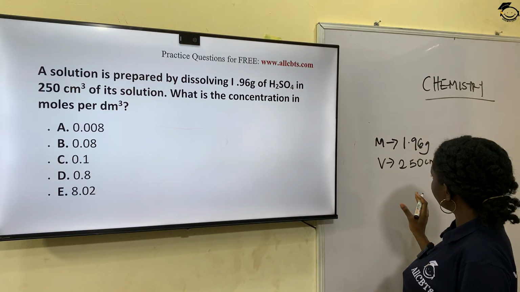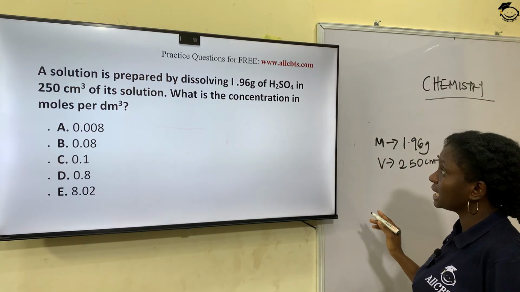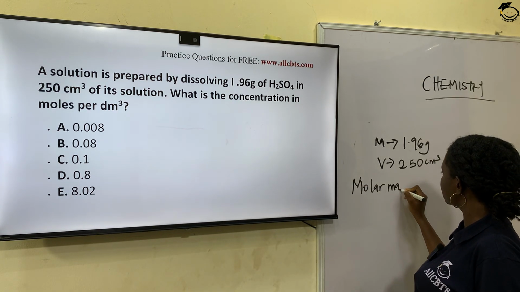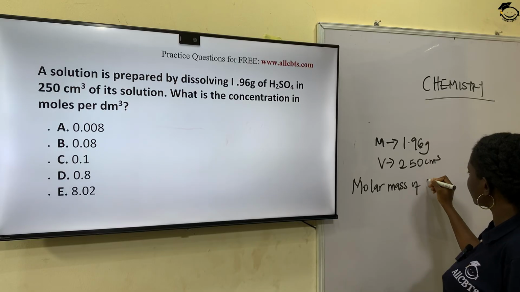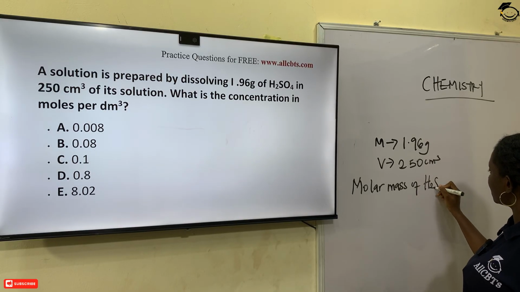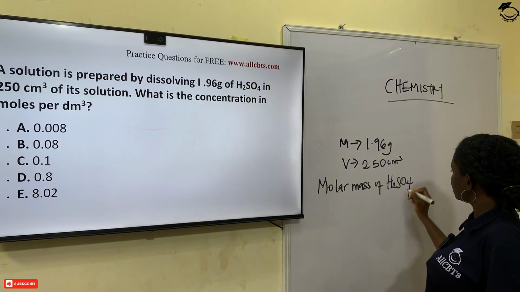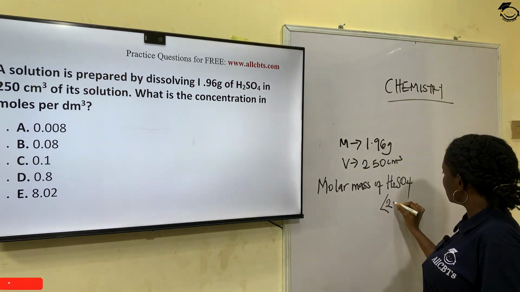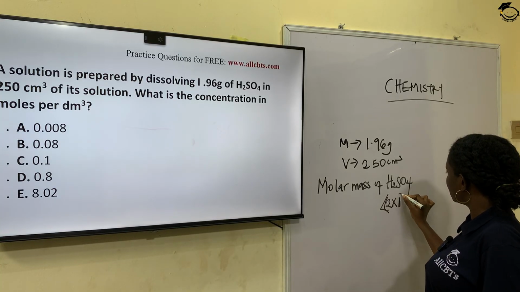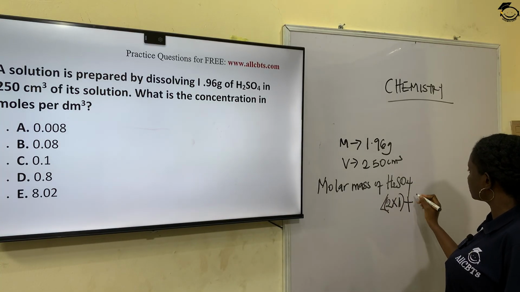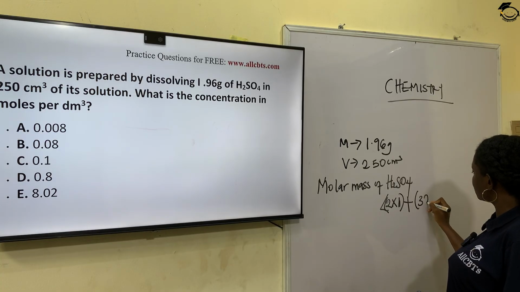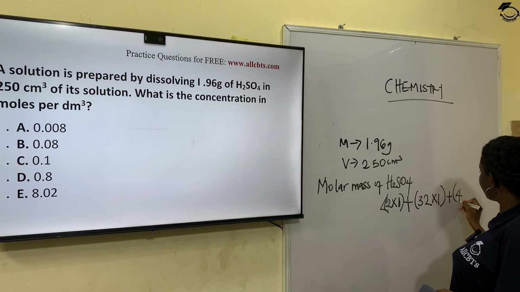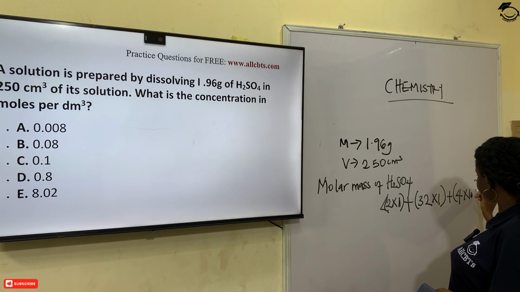So the first step will be to calculate the molar mass of H2SO4. We have 2 atoms of hydrogen times 1, the mass number, plus sulfur 32 times 1, then 4 atoms of oxygen, 4 times 16.